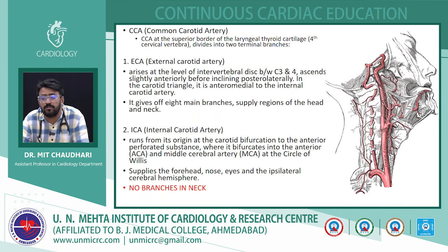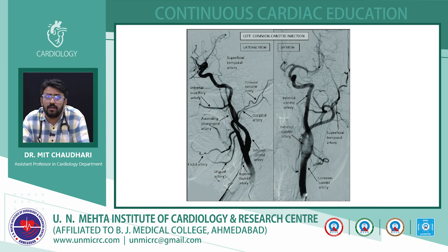It also takes part in forming the circle of Willis. So how to identify it: the internal carotid artery does not give any branch in the neck, while the external carotid has multiple branches.